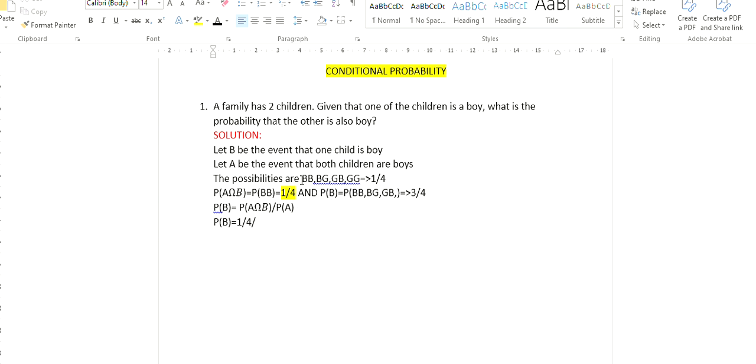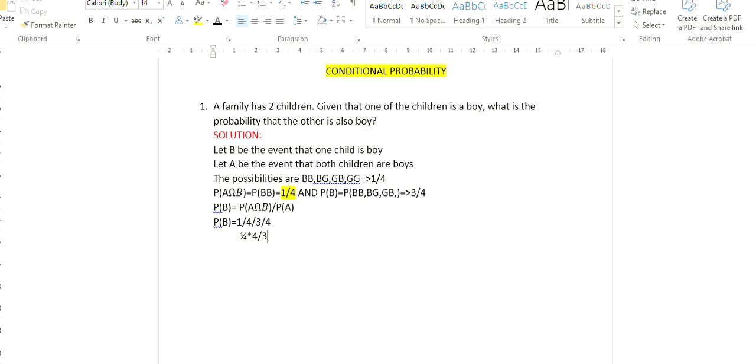What is the probability of A that they have asked here? This is event A, the possibility of the other also being a boy. That is 3 by 4. So divided by 3 by 4. When you solve this, taking the reciprocal, 1 by 4 becomes 1 by 4 into 4 by 3.